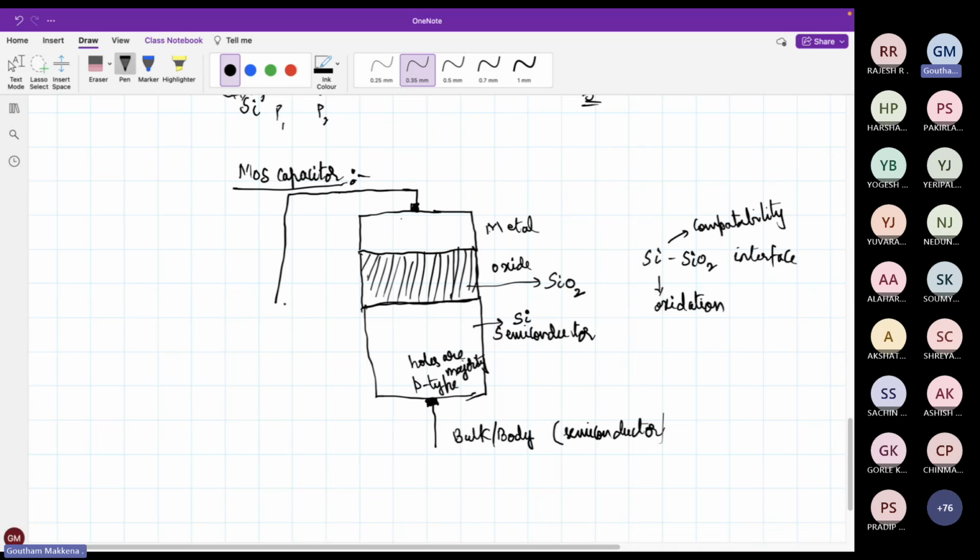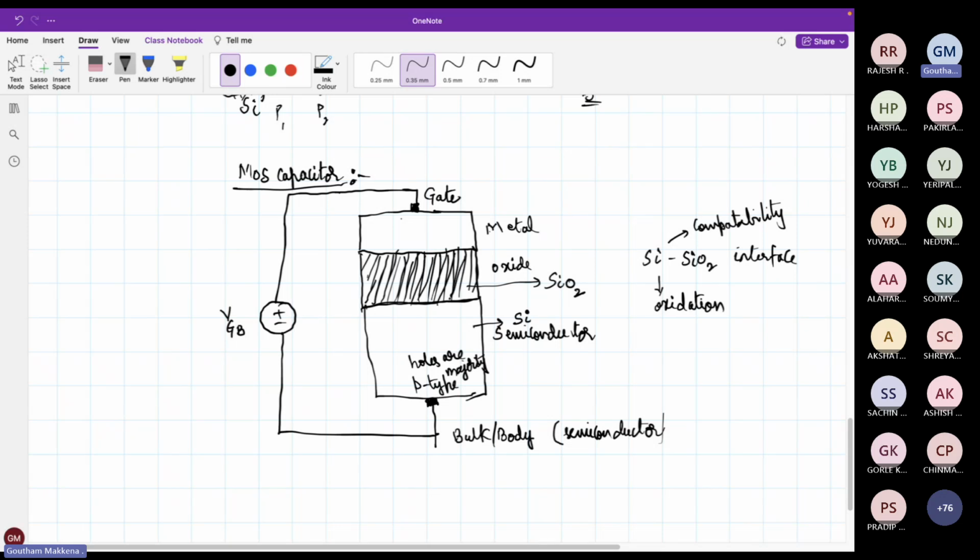And I take these two and I apply some potential. So let me call this VGB. This metal terminal, I am calling it gate. And this semiconductor terminal, I am calling it bulk or body. And then there is an oxide insulator that is separating these two.